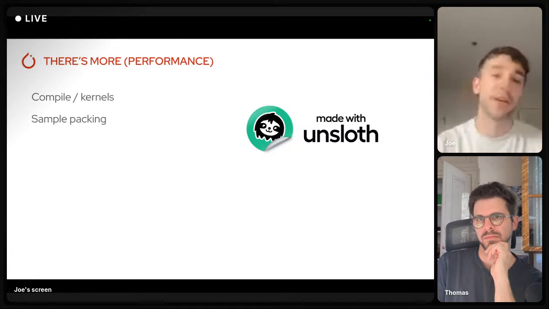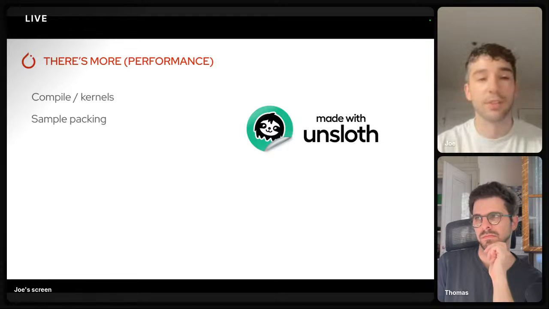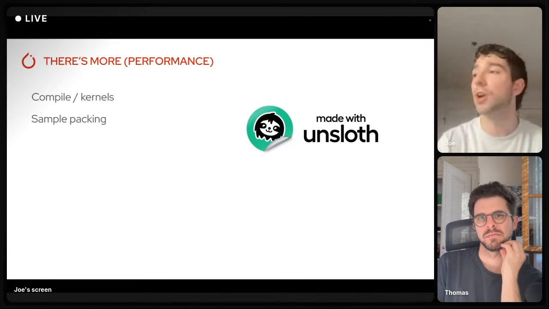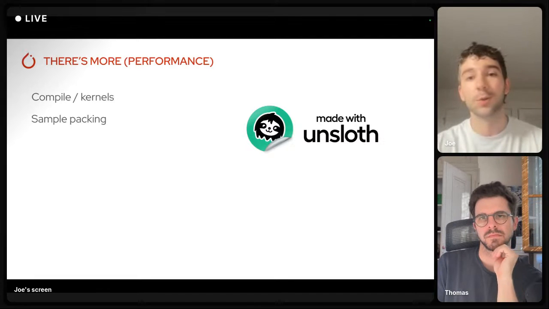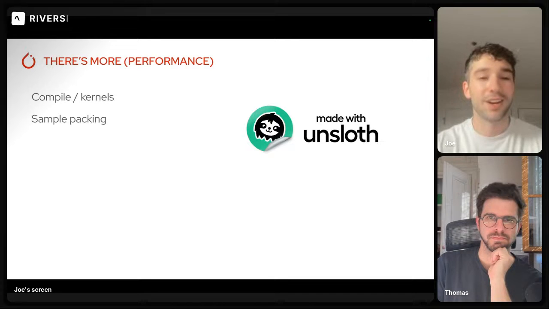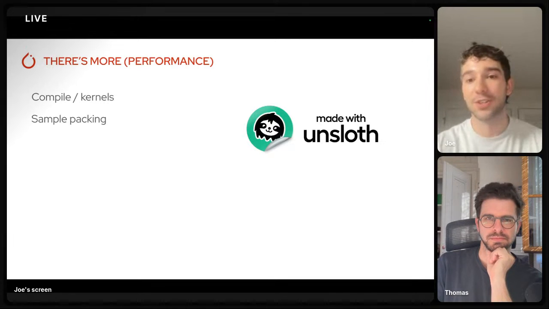I encourage you to check out both projects. Compile is definitely a bit of a longer play, but Unsloth is very impressive, and they show that you can do some pretty amazing training in a Google Colab notebook like a T4 with 16 gigabytes of VRAM, which again is overkill for this sort of competition.